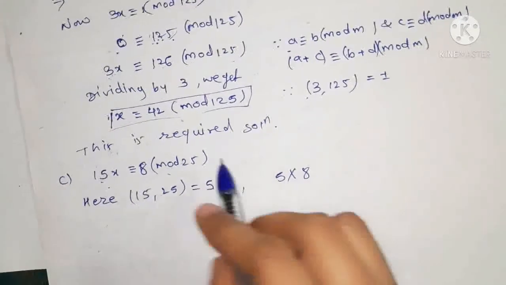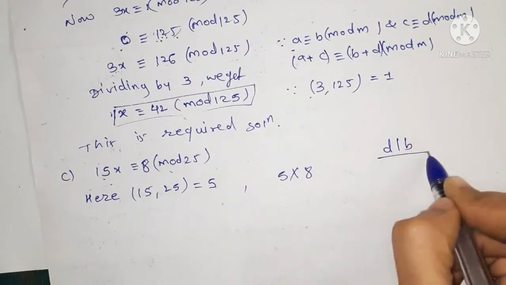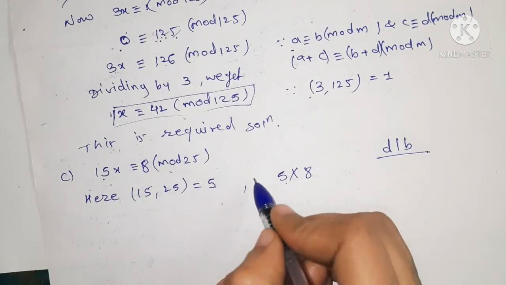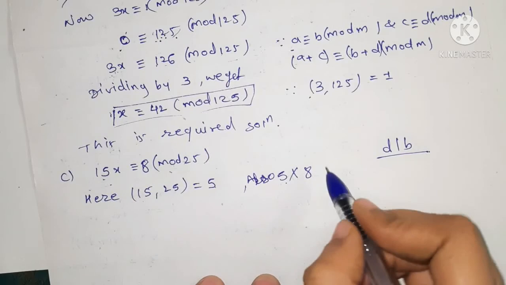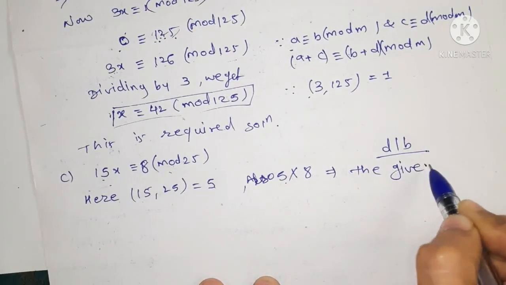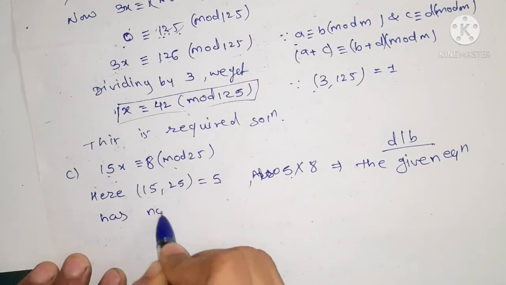So this equation has a solution when D divides B. But here 5 is not dividing 8. What this implies is that the given congruence has no solution.